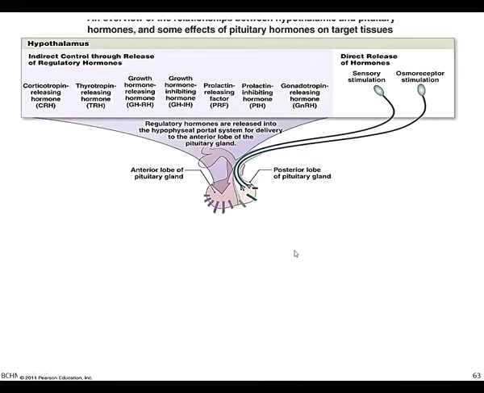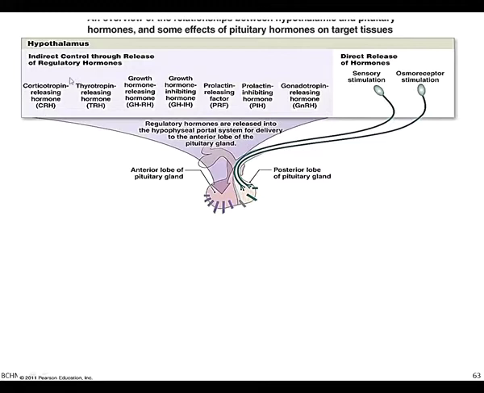From this figure, we can summarize all the types of hormones that lead to the activation of the pituitary gland to secrete its hormones. At the first level, the hypothalamus has indirect control through the release of regulatory hormones.